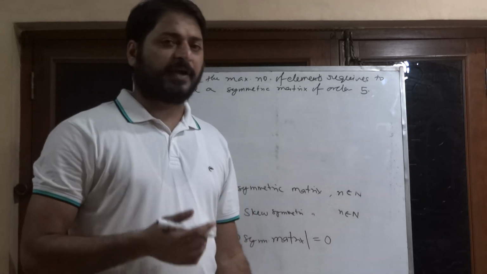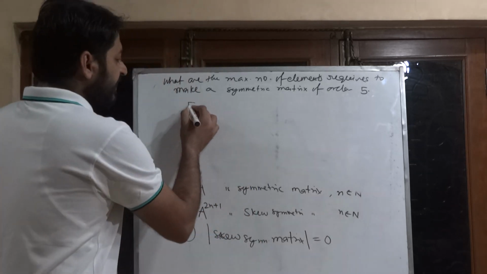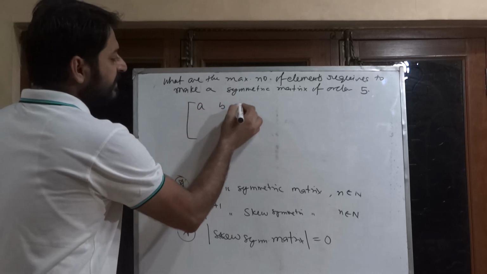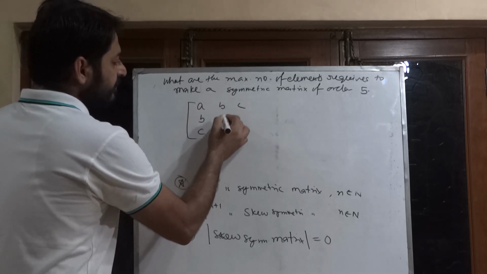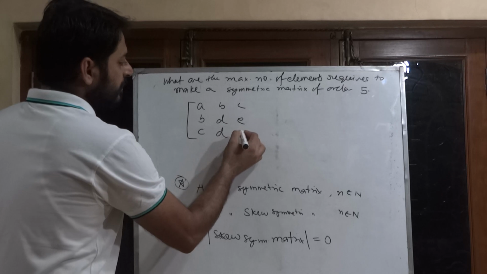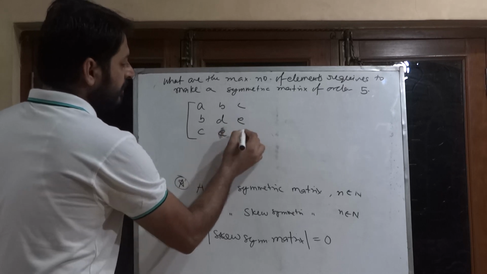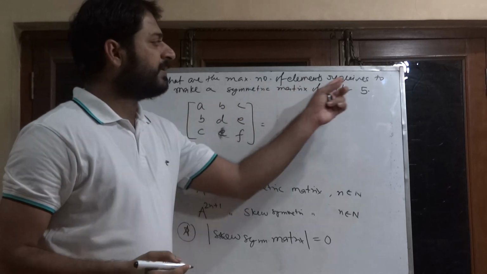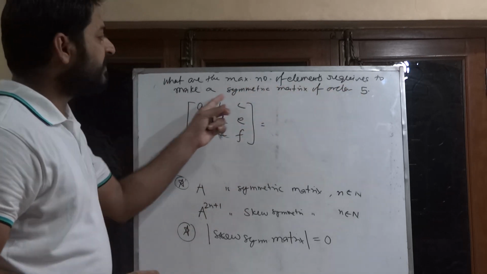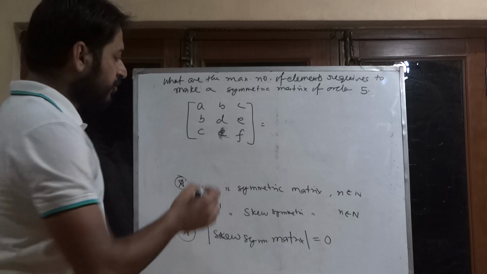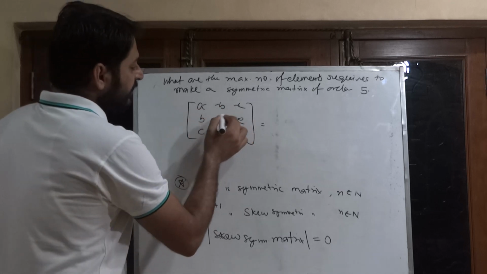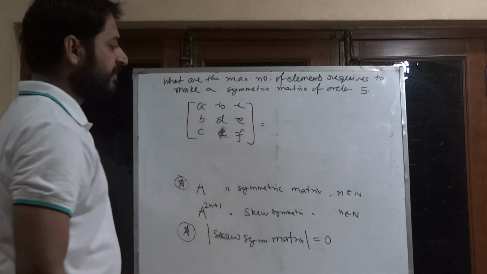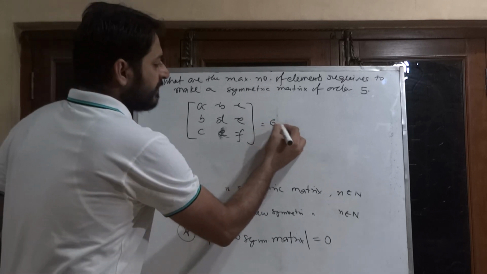Not 25 exactly. How many elements are required to make a matrix of order 5? For example, take the 3 cross 3 matrix I gave you. If you observe how many elements are required to make a symmetric matrix of order 3, you will see 1, 2, 3, 4, 5, 6. 6 elements are there.